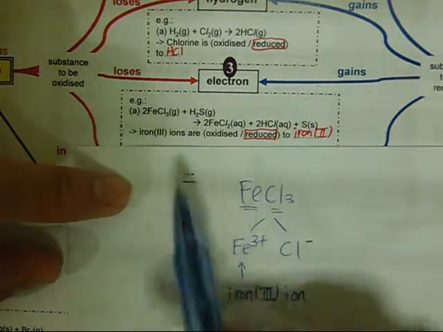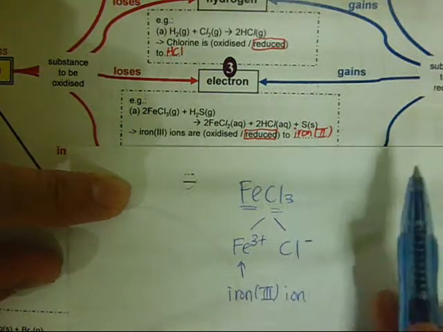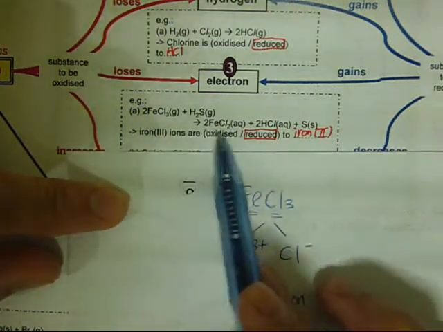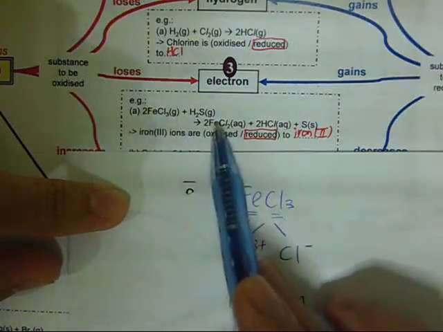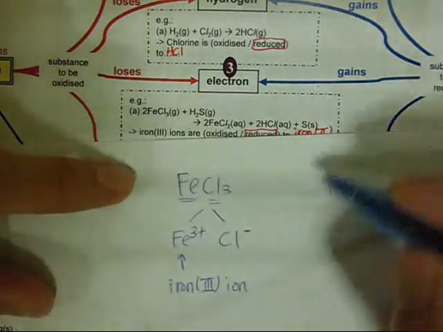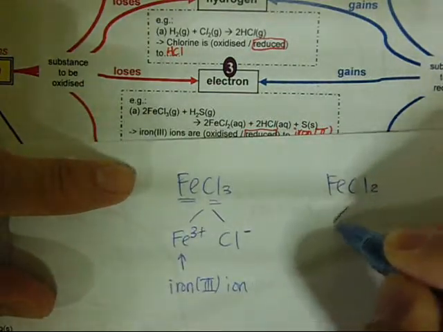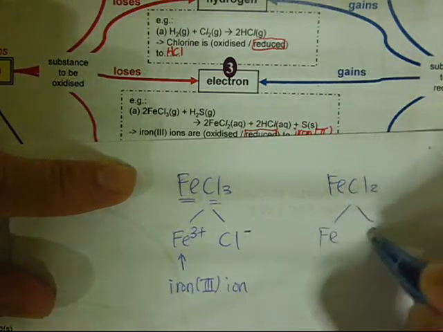Now let's look at this one. Iron 3 ion is reduced to iron 2 ion. So iron 3 becomes iron 2. Now why is this iron 2? Same thing, FeCl2 is an ionic compound, so you can split it up into Fe and Cl.